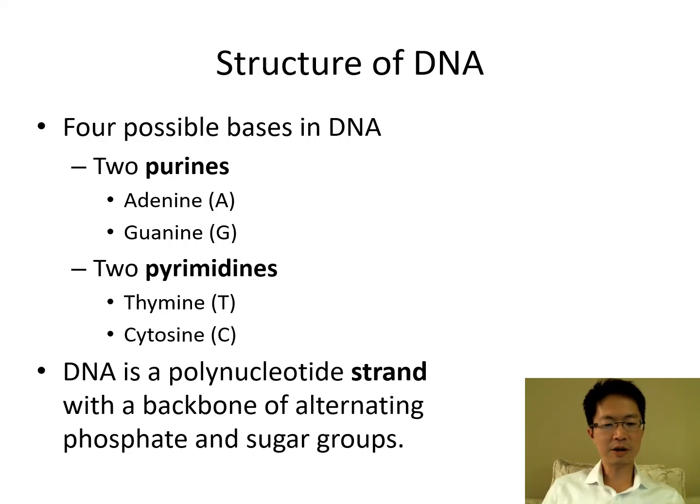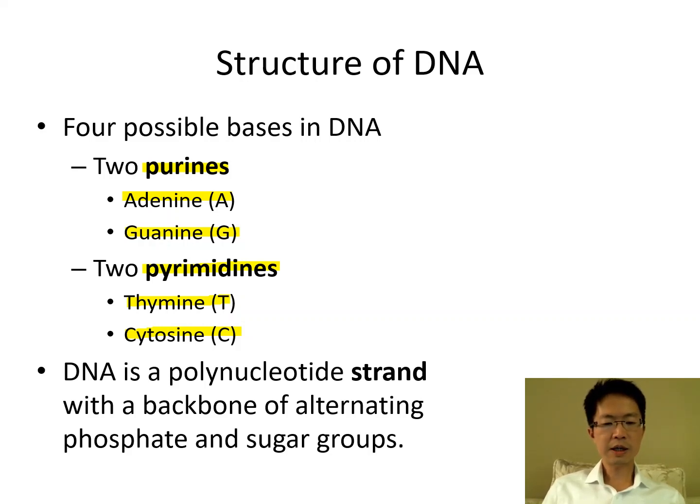You have to memorize this: adenine A, guanine G, thymine T, or cytosine C. Okay, A and G are called purines, and T and C are called pyrimidines.